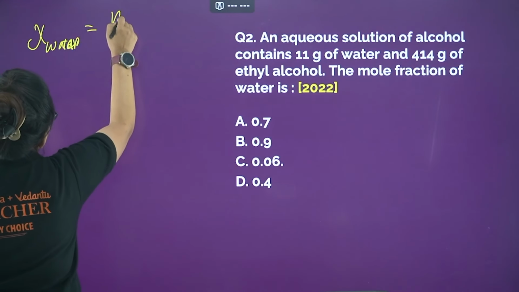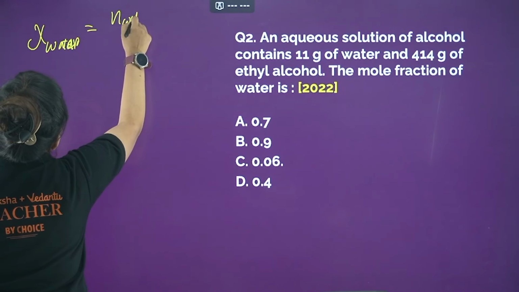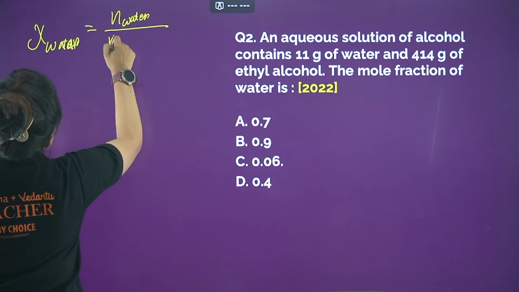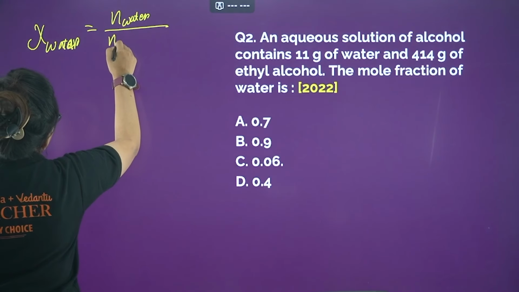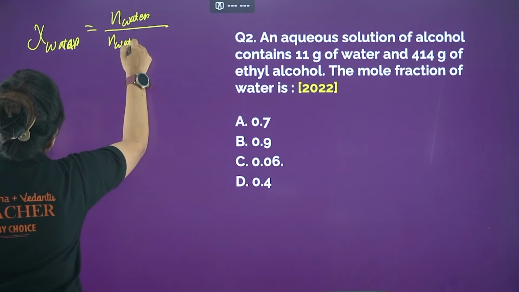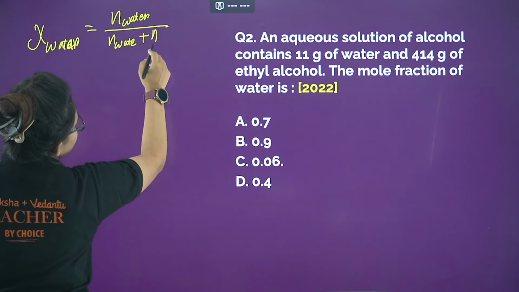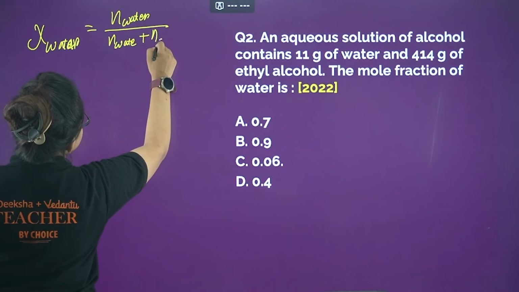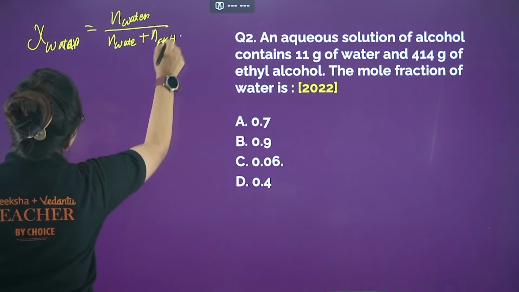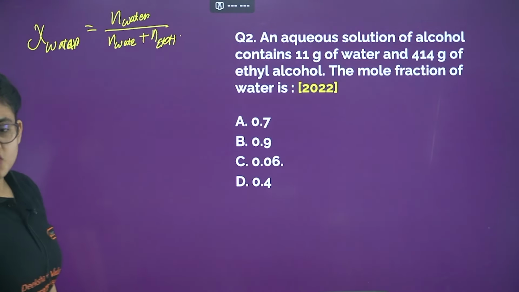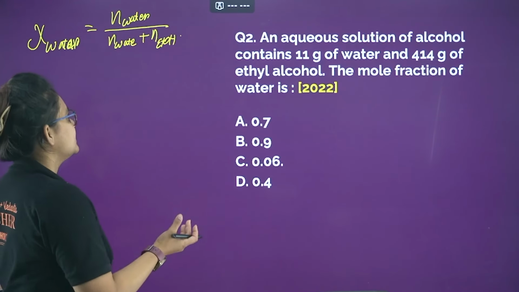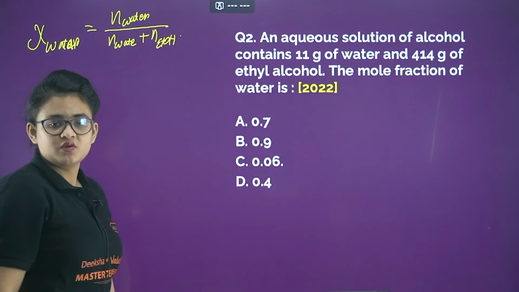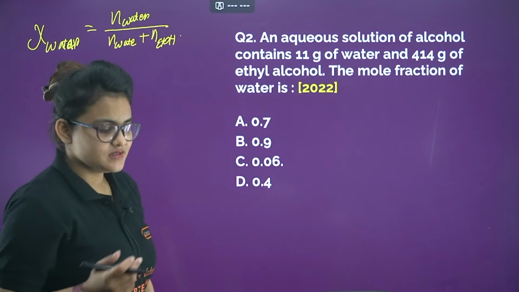I need the number of moles of water in the numerator, and in the denominator the number of moles of water plus the number of moles of ethyl alcohol, C2H5OH I am writing, okay. So let's find out the moles first, and then we will just replace the values in this particular formula and we will get the answer, okay.